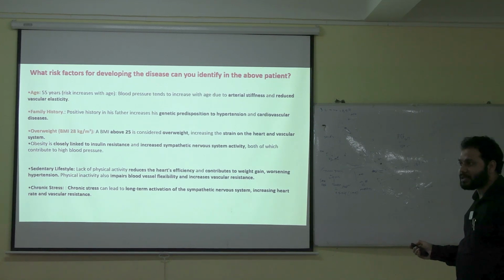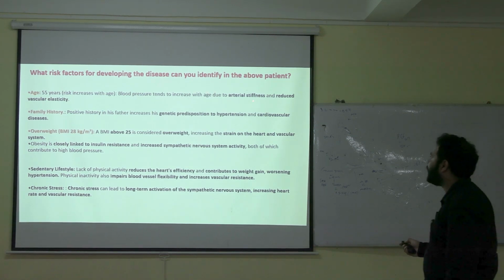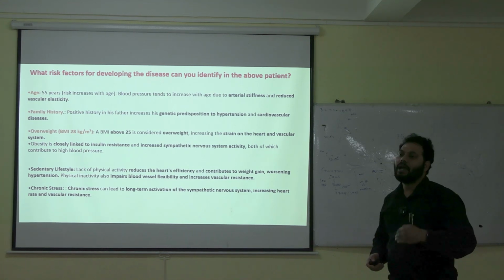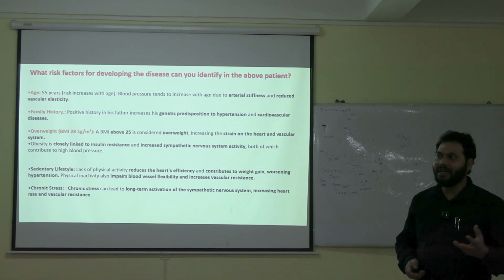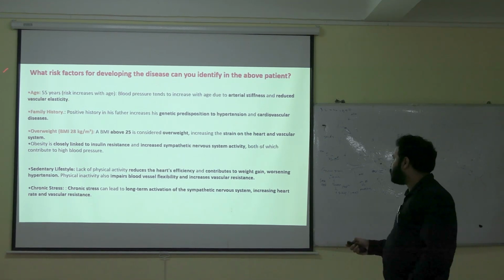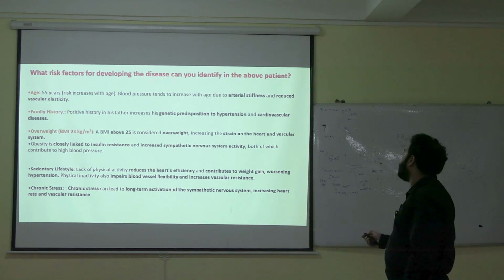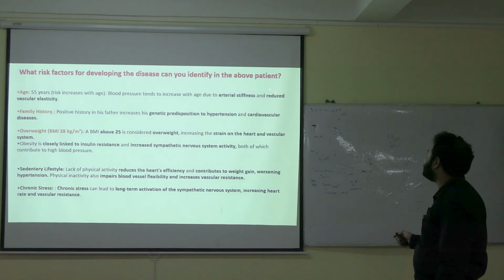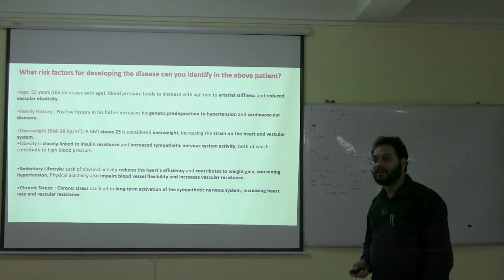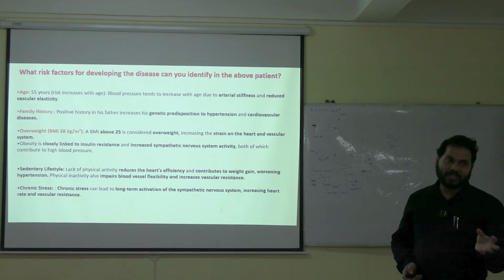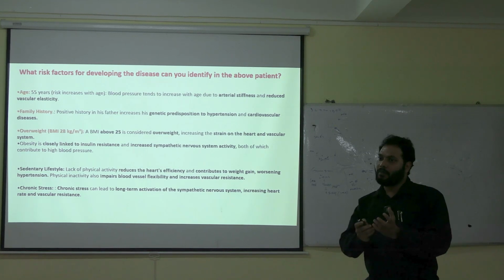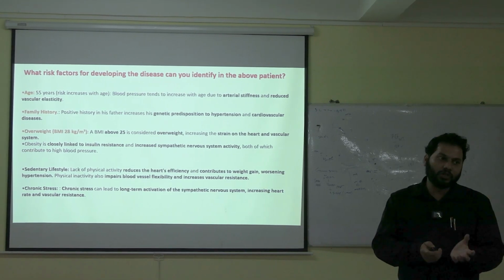Stiffness may occur. Due to the stiffness of the arteries or changes in the elasticity of the blood vessels, there is a high chance of pressure increase in the vessel wall, right? So higher age leads to increased arterial stiffness as well as reduced vascular elasticity. Both reduced vascular elasticity and arterial stiffness are mostly related with the development of hypertension.